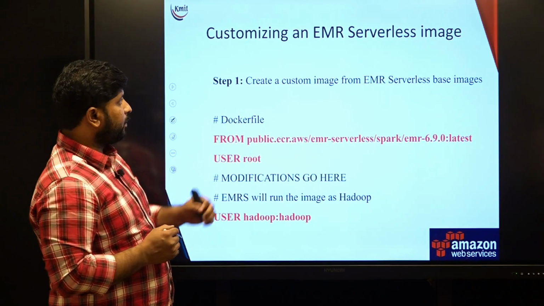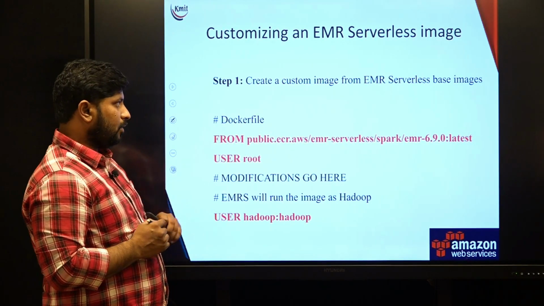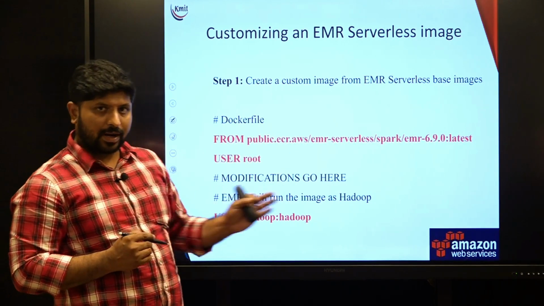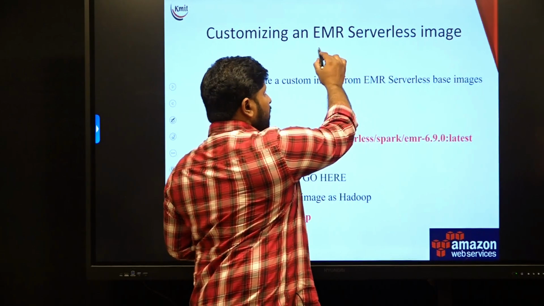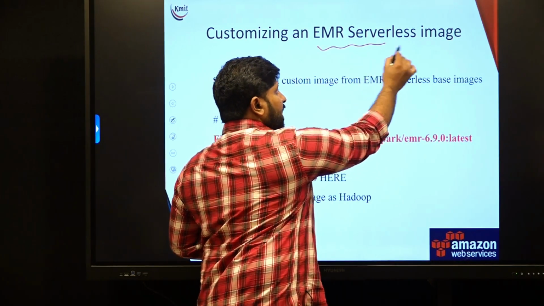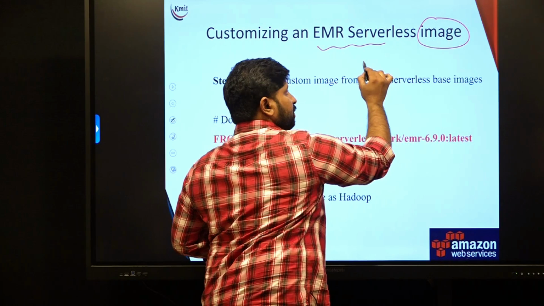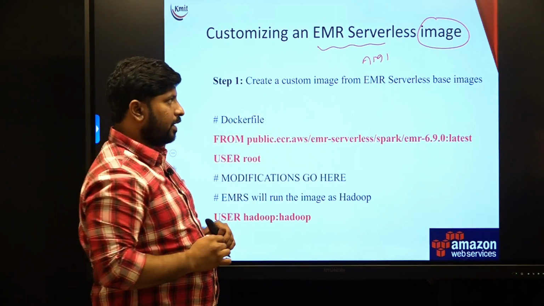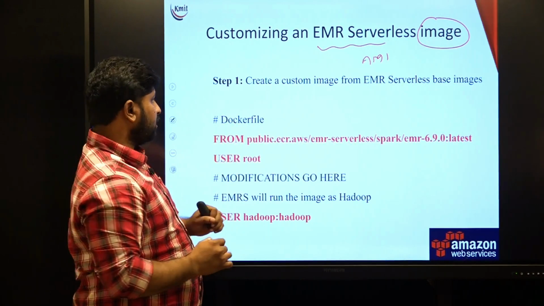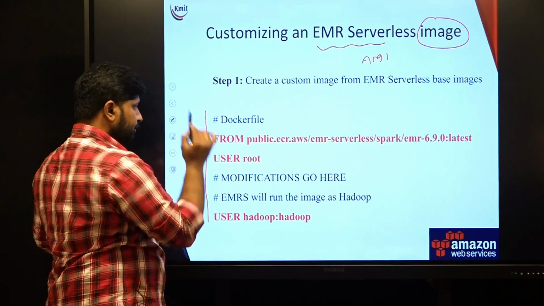So, in this particular topic we are going to consider Docker as one of our parameters. And what exactly we are doing is, we are going to create an AMI image. In short, an Amazon Machine Image, and while creating that image we are going to use Docker.